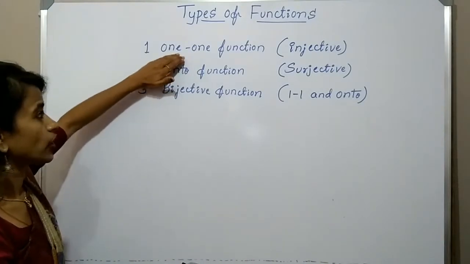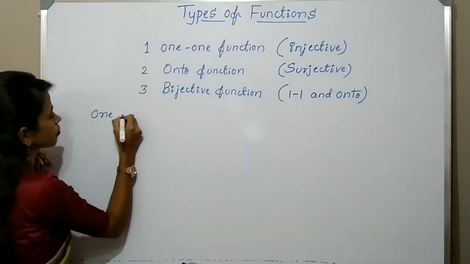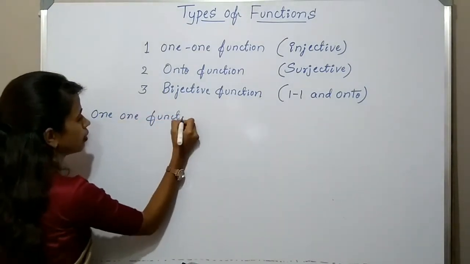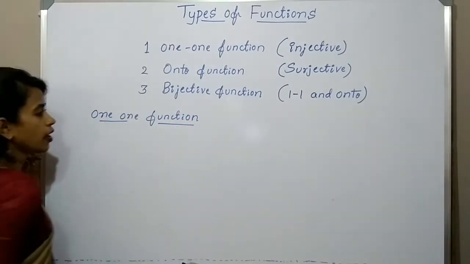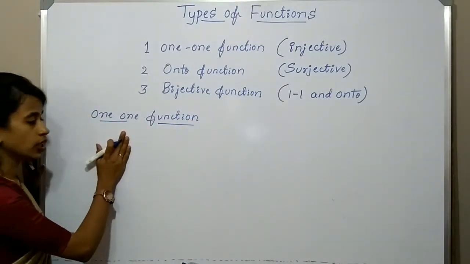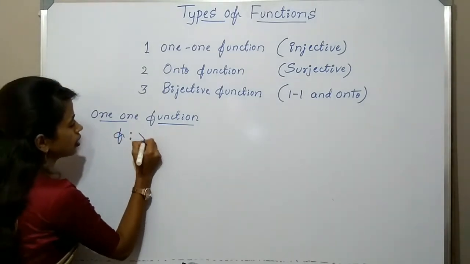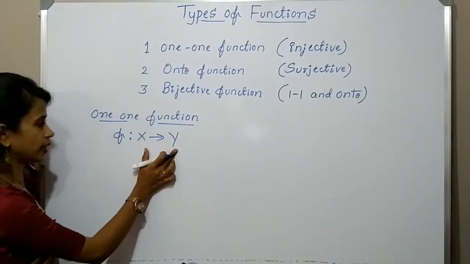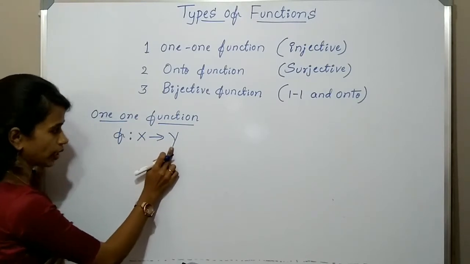So first start with the definition of one-one function. A one-one function is a mapping f from X to Y, where X and Y are two non-empty sets.